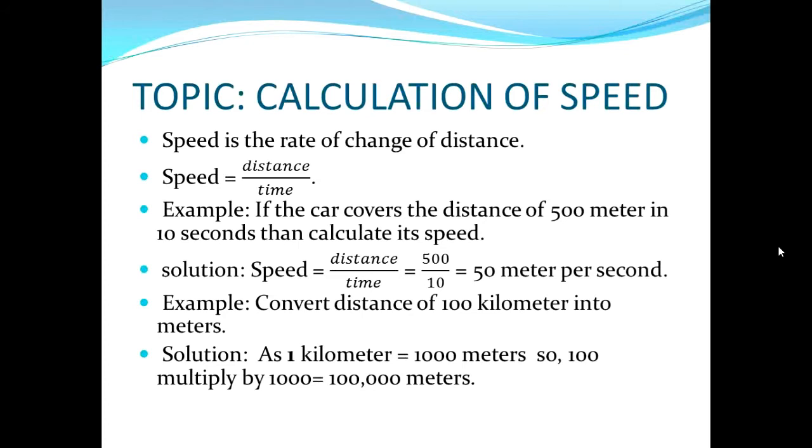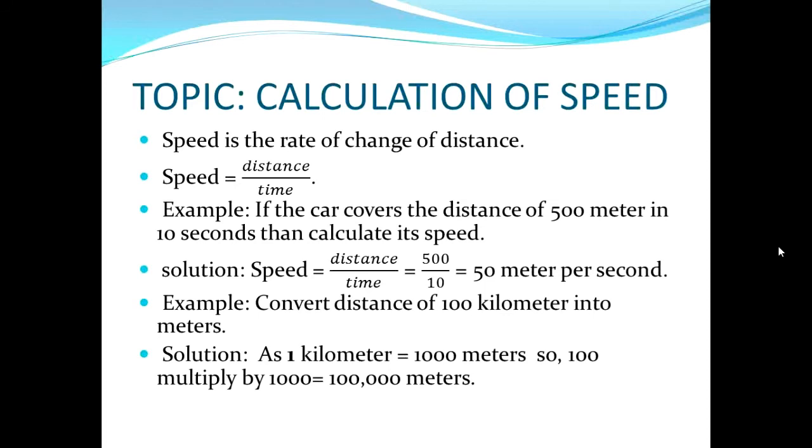For now we will calculate the speed. I have taken an example: if a car covers a distance of 500 meters in 10 seconds, then calculate its speed. In the solution, we have to use the formula of speed, because the question is asking you to calculate the speed.